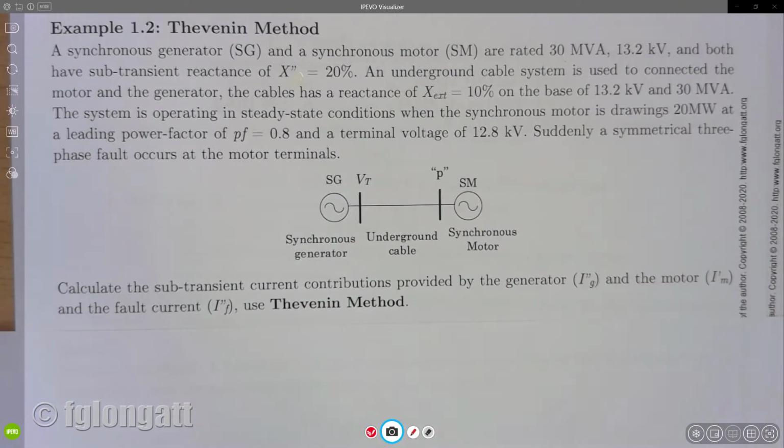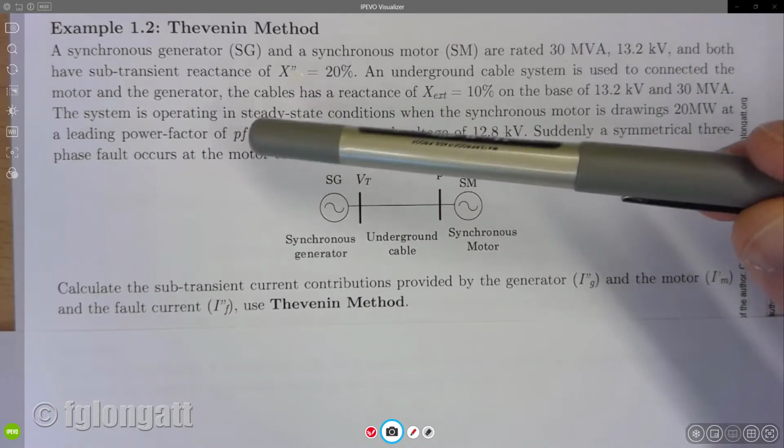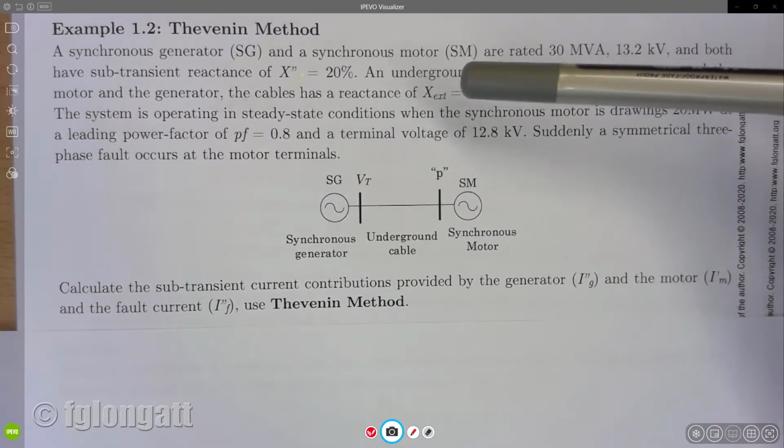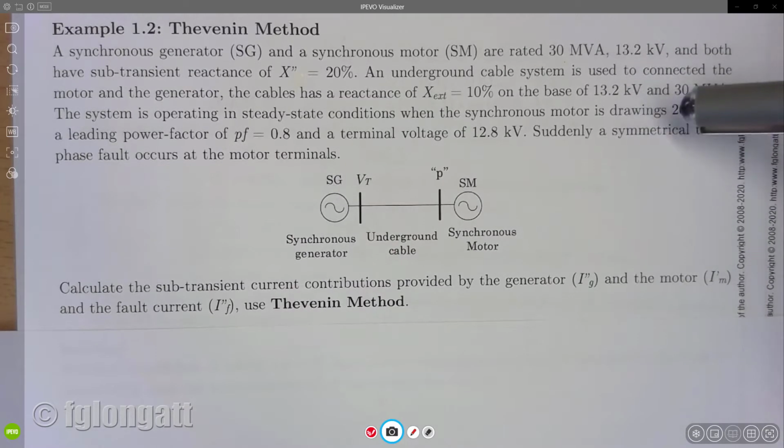And in this case, we are using an underground cable to connect the generator and the motor, okay? The cable has a reactance of 10%, defined on the basis of 13.2 kV and 30 MVA. Okay.